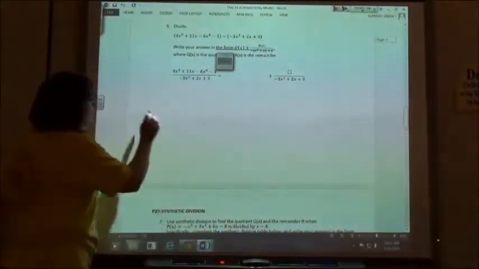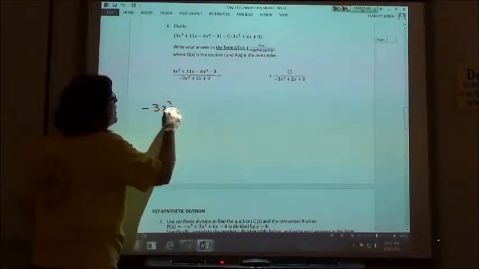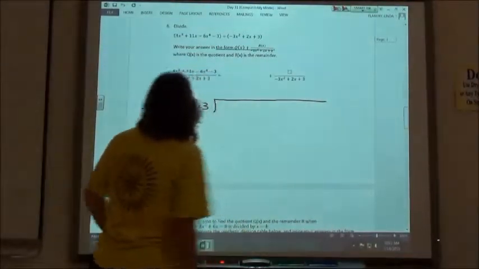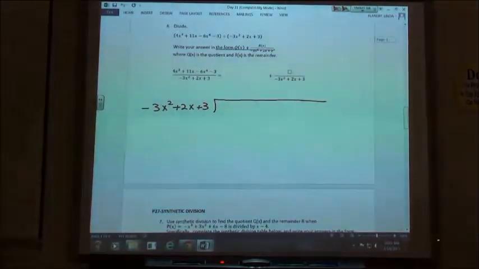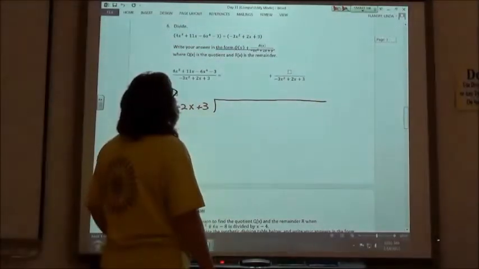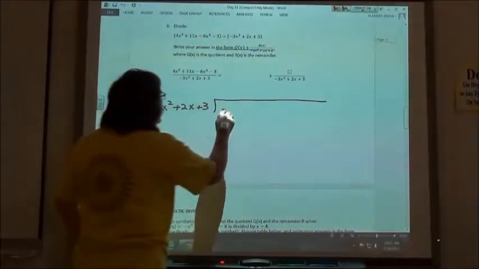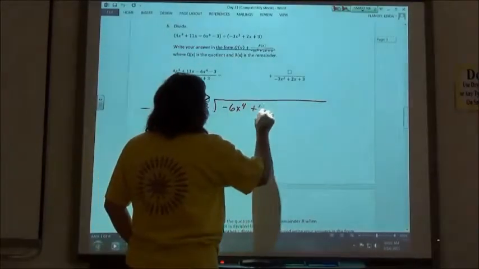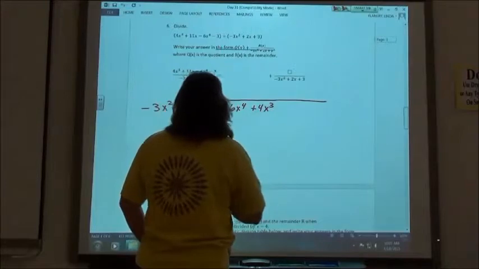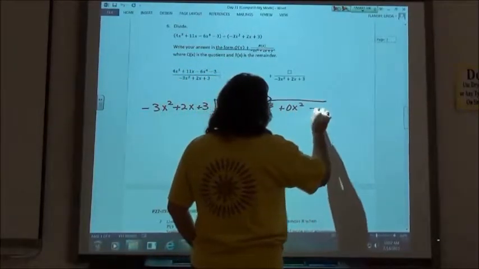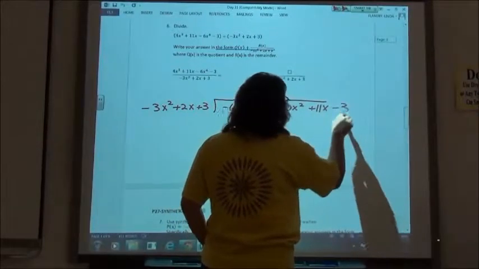Number 6, we have negative 3x squared plus 2x plus 3, and we're going to divide that into, which should go underneath our division sign. Negative 6x to the 4th plus 4x to the 3rd plus 0x squared plus 11x. Exactly.